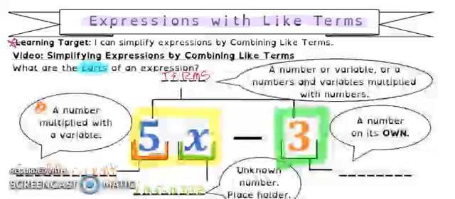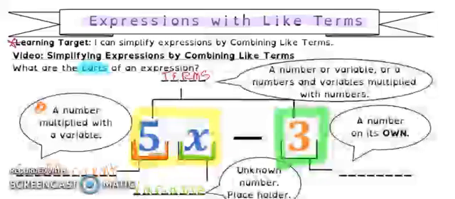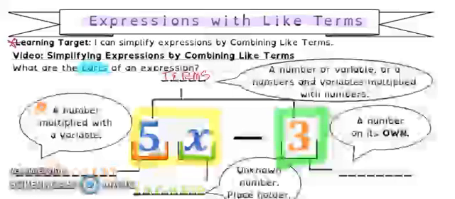And this very last bubble over here is a number all on its own, just a whole number or a decimal or a fraction that does not have a variable with it. It's not multiplied to a variable or anything like that. It is just a number, and it is called the constant.